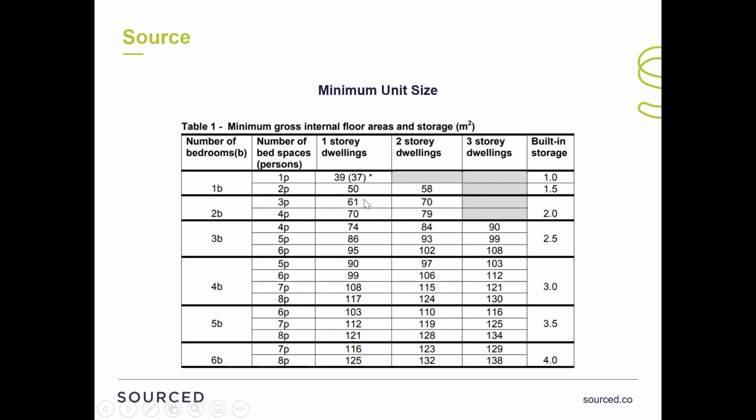Now, these are just a guide because these are new build size guidelines. You will get a little bit of leeway on commercial conversions because it's a conversion of an older property. So we tend to use 50 for a 1-bedroom or 1 double bedroom and 61 as a 2-bedroom size guide.